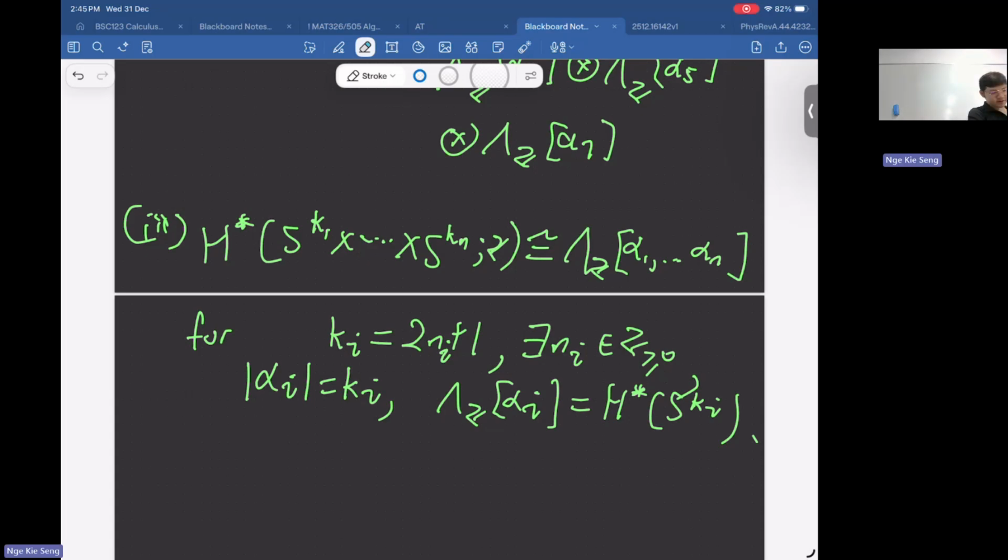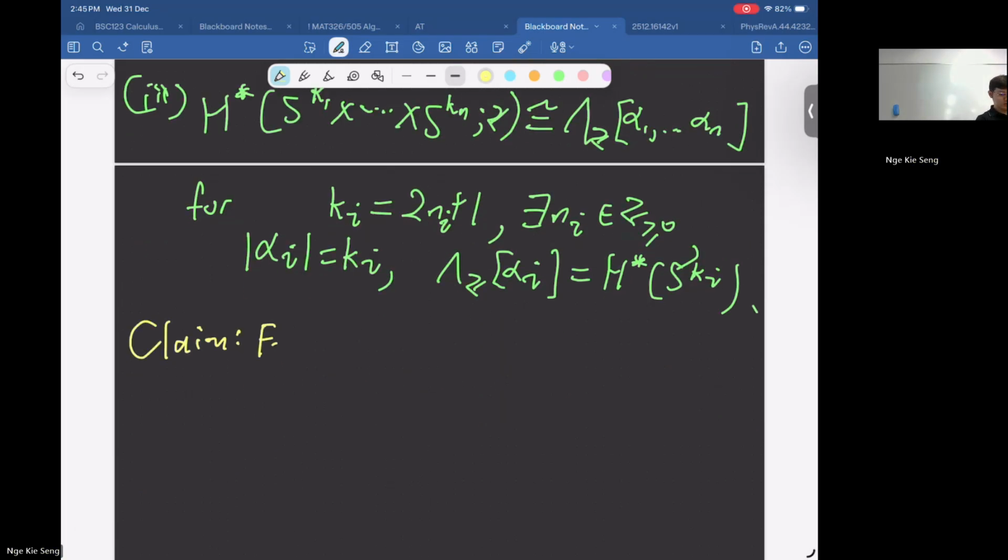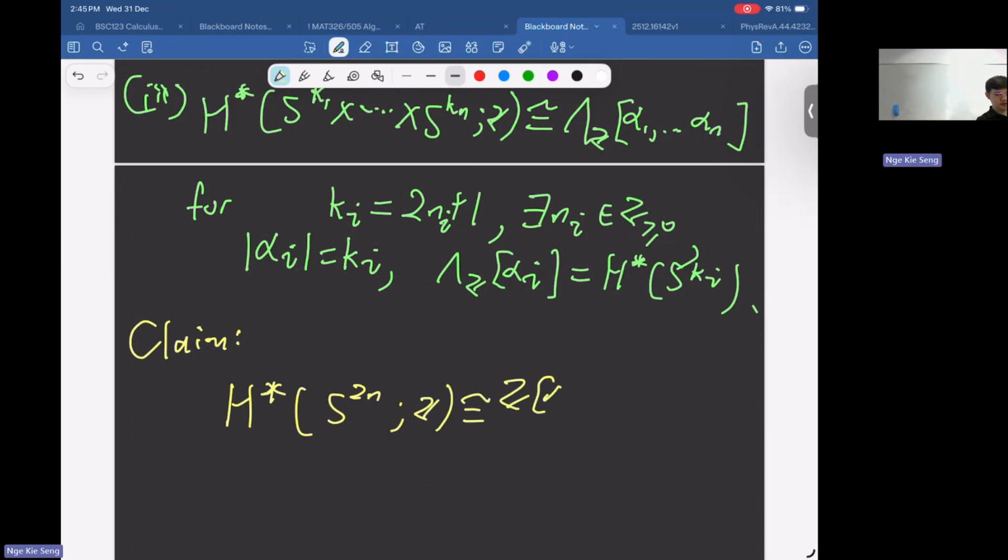Maybe write down the claim first. I forgot why it is true, but let's write it down. For even, it's S2n: Z alpha over alpha squared.